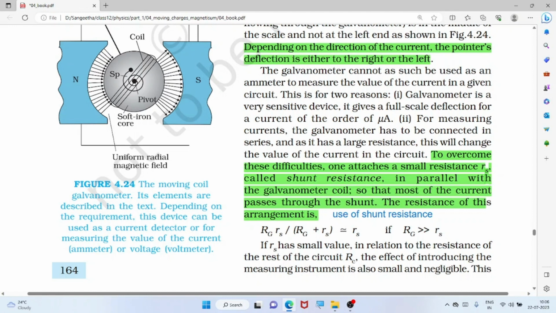So why do we need a shunt resistance? To convert this galvanometer into an ammeter, we need a shunt resistance. If you don't put it, then most of the current, because of the high resistance, is consumed by the galvanometer coil.